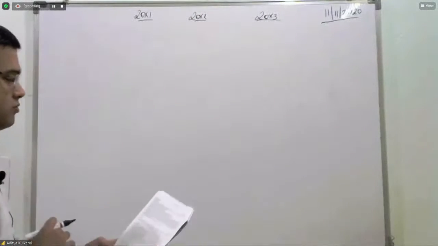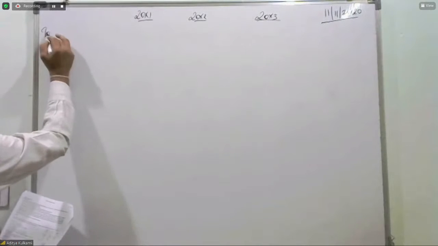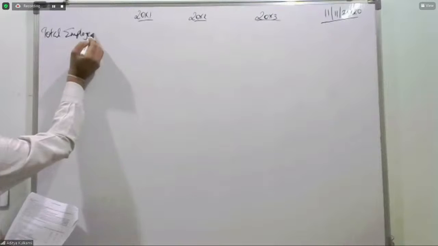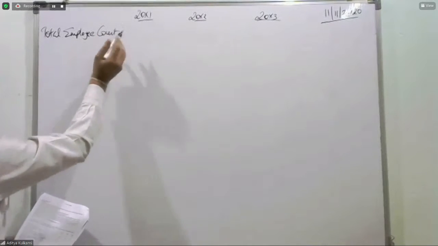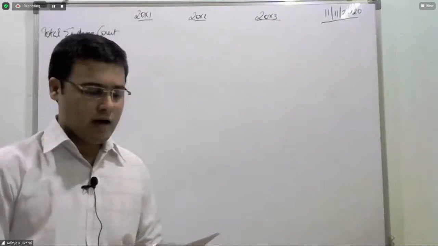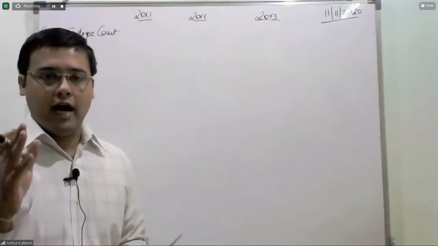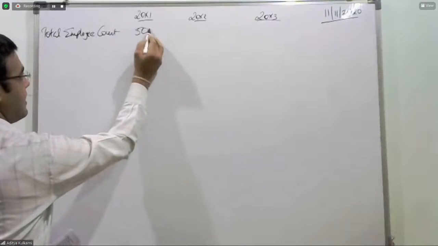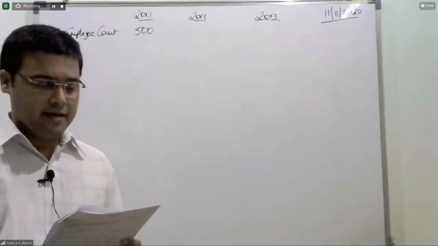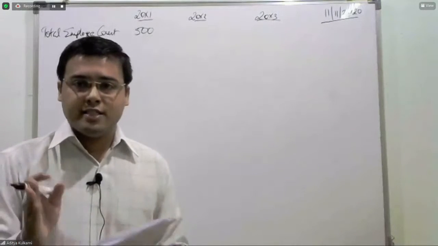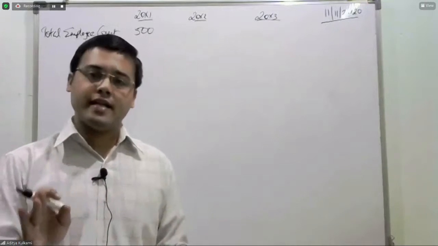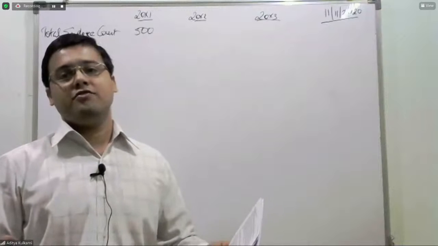Now, what is your total number of employees? The total employee count is given in the first line: 100 shares to each of its 500 employees. So at the beginning, you had 500 employees. Now, the shares will vest only in those employees who remain throughout the vesting period.